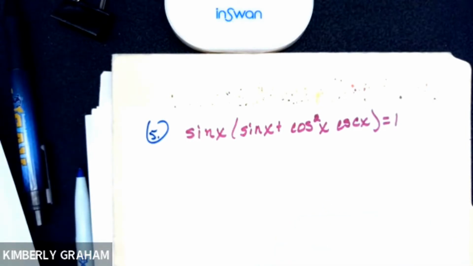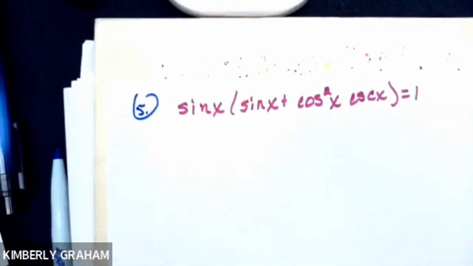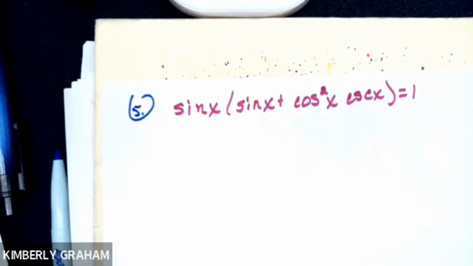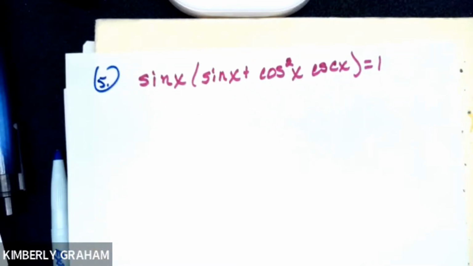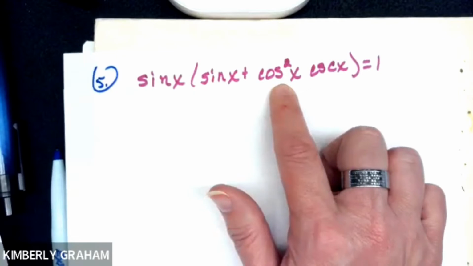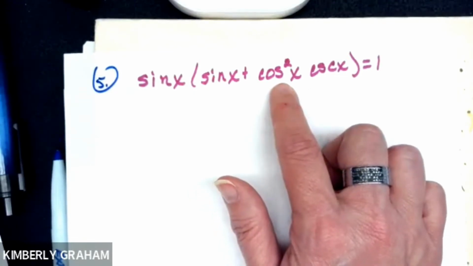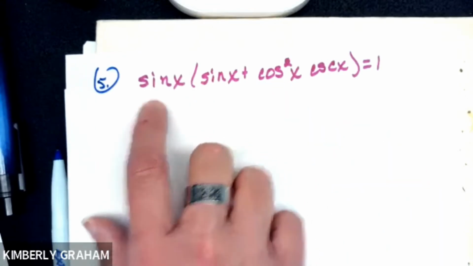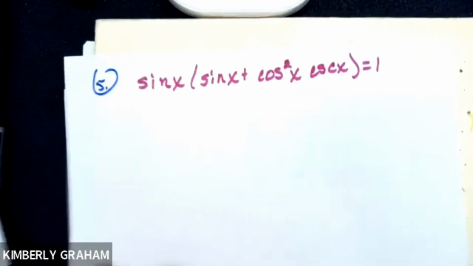Well, hopefully you'll know that, because of that equals 1, you're probably going to use the Pythagorean theorem or Pythagorean identity in there somewhere. With this problem, you may be tempted to try to start off by replacing this with 1 minus sine squared, but I think what I did, I distributed the sine x. I multiplied this.